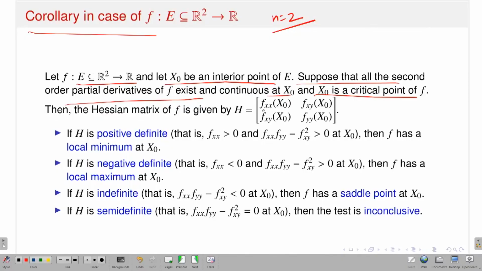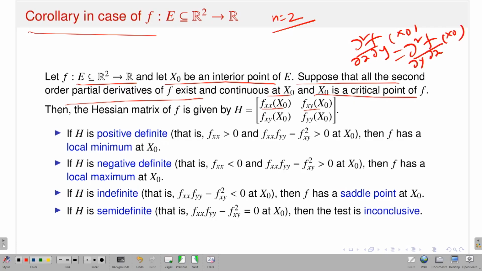You can easily calculate. The first element should be del 2f del x square at the point x naught. The next element should be del 2f del x del y. It does not matter whether I am doing y first or x first, because the value will be the same. So, del 2f del x del y at x naught is the same as del 2f del y del x.